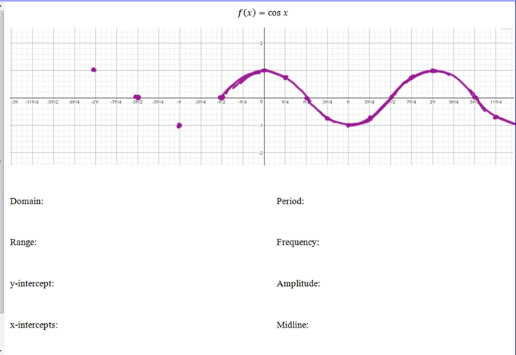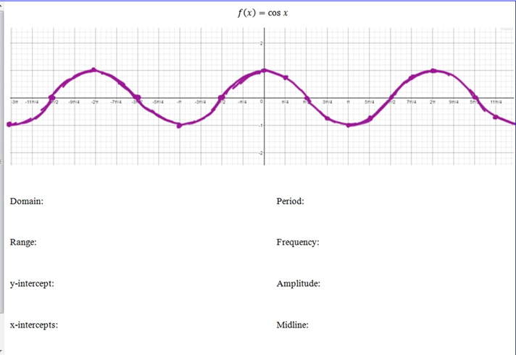Connect those, and keep going. We see that same periodic, repeating behavior. It looks a lot more like sine now, doesn't it? It's just shifted over a little bit from the sine graph.